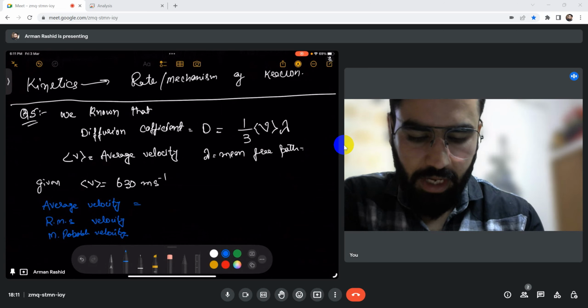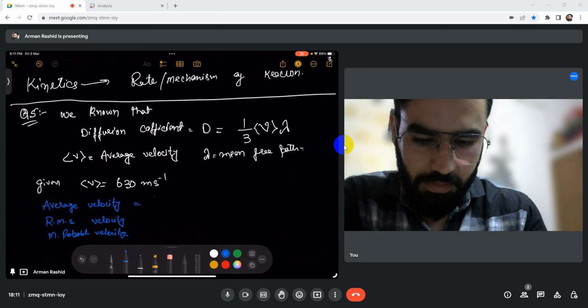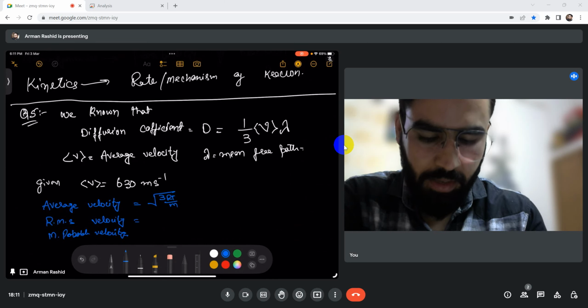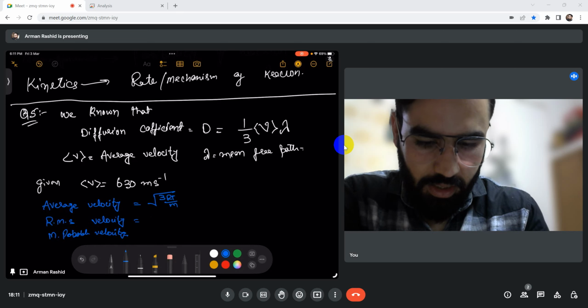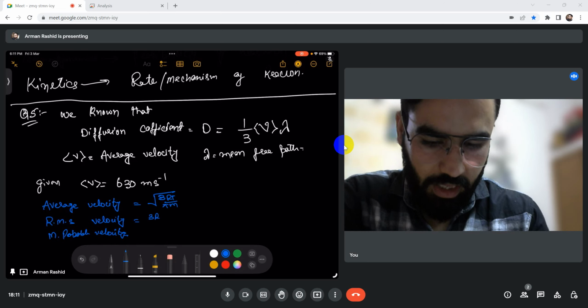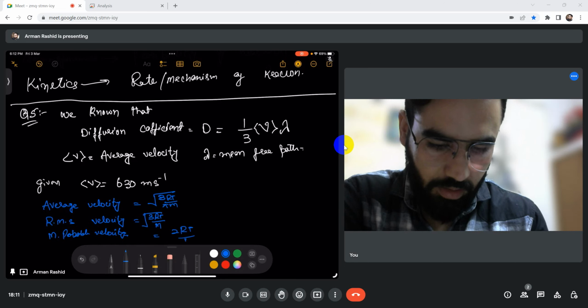The average velocity is the square root of 8 RT by pi m, the root mean square velocity is the square root of 3 RT by m, and the most probable velocity is the square root of 2 RT by m.